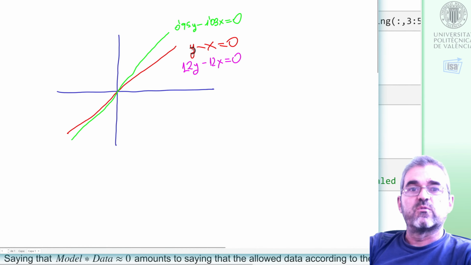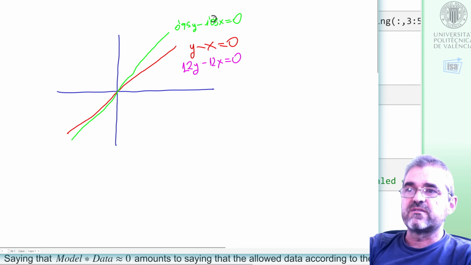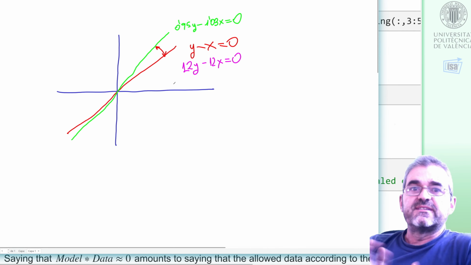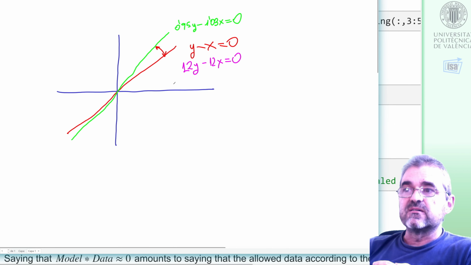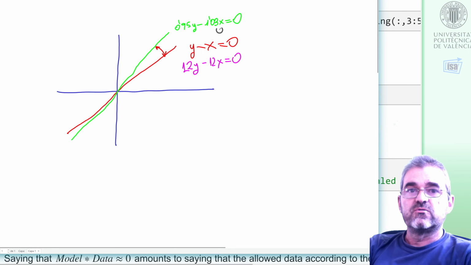For instance, I may have a model y minus x equals 0, the red line. I may have a model 0.95y minus 1.03x equals 0, green line. So I would say that the model deviation can be assessed by computing the angle between these two lines, because the coefficients do not really tell me if the lines are separated.